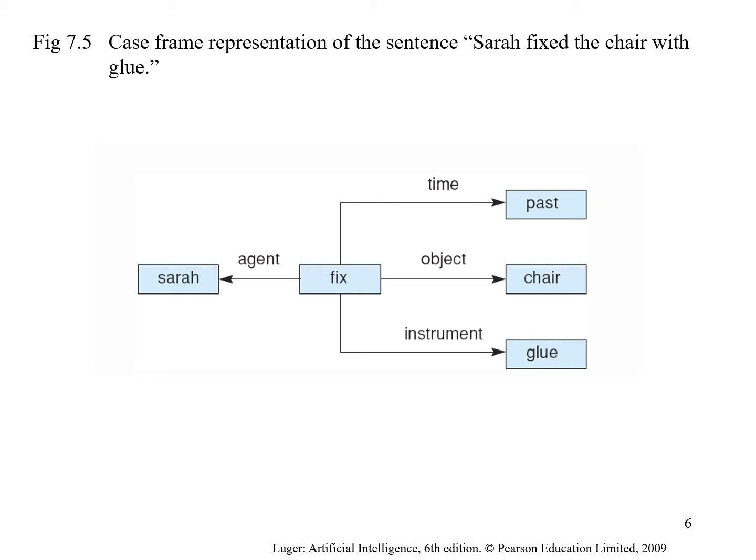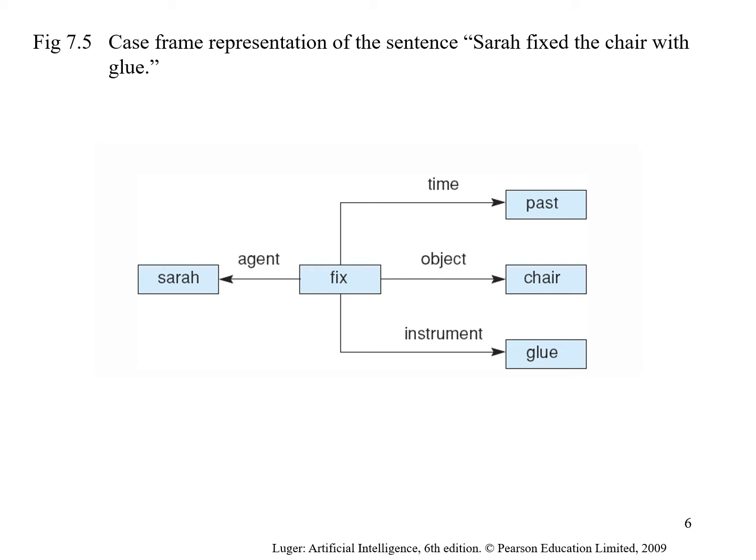So in this case, look at how changes in time can also be handled, since we want to be working with this type of sentence. Sarah fixed the chair, so that was in the past. Sarah will fix the chair, so that will be an easy change in the structure. This gives us the possibility of also understanding, since we want to store information on what is the meaning of past, what is the meaning of future.